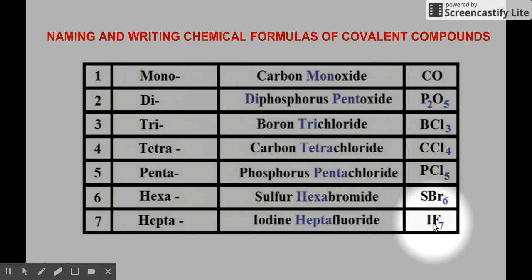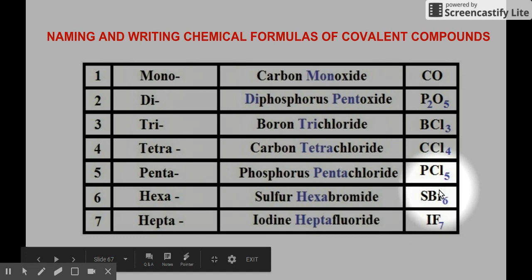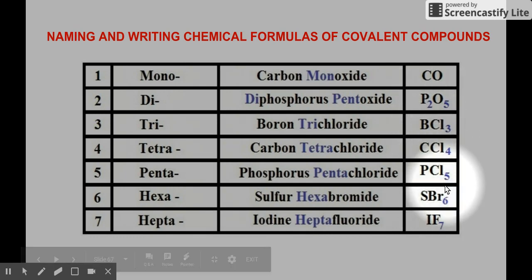Remember, always take note if these compounds will be mixed, that your covalent compounds are all made up of nonmetals, which are found on the right side of the periodic table. If you're dealing with ionic compounds, always remember that the metal, the cation, was written first and you need to crisscross.